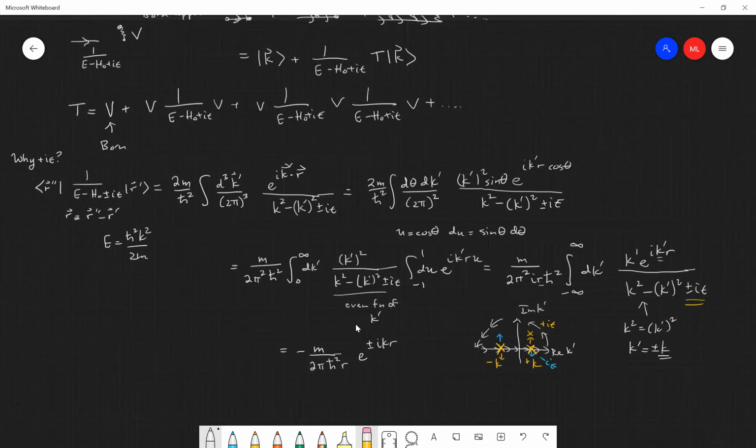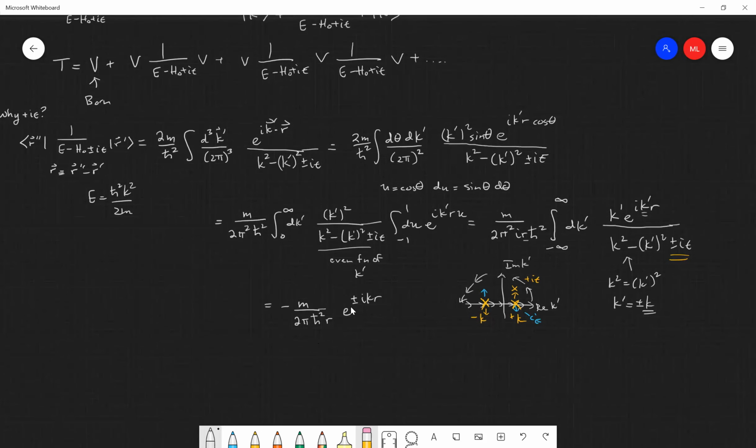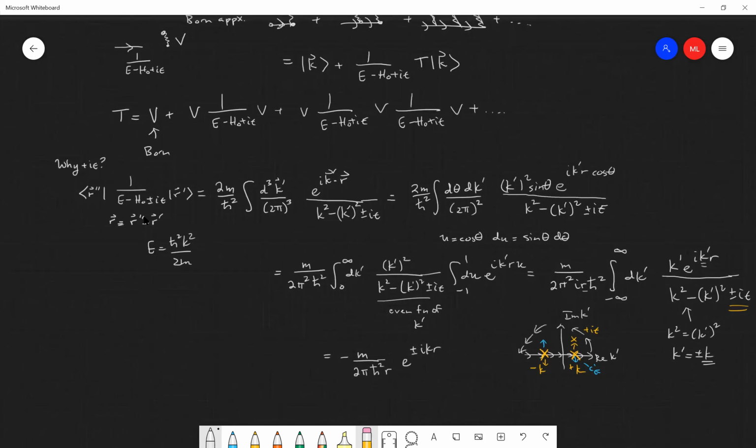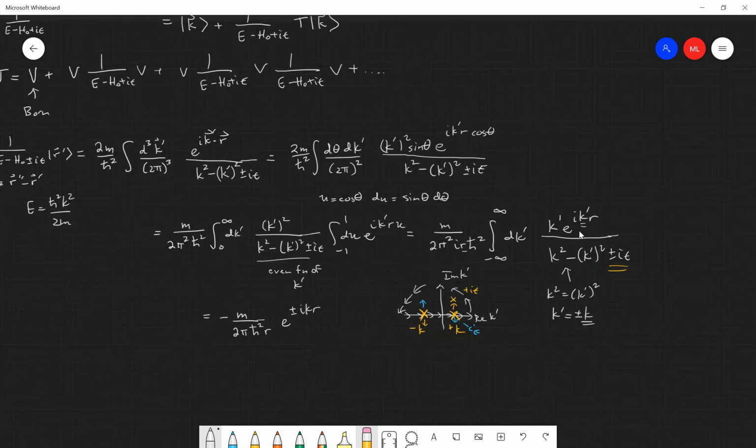So all in all, you just get this m over h bar squared, the factor of 2 cancels, gives you a 2 there, and then you get plus or minus i k r over r. So this is indeed the right Green's function. You have to pick the plus i epsilon in order to pick out the right boundary condition, outgoing spherical waves. So these are the G plus or minuses that we introduced.